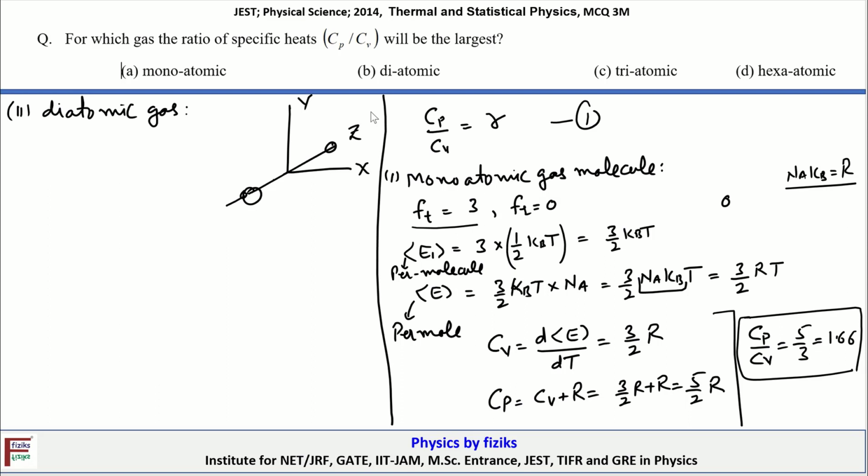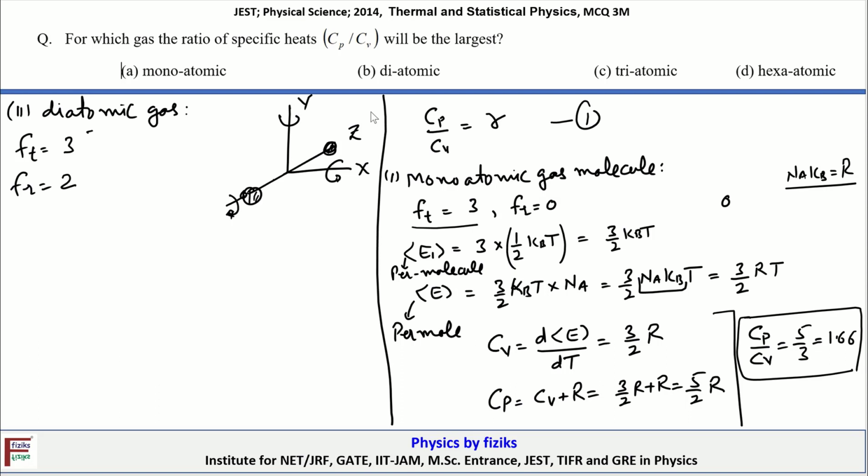Similar to the monoatomic gas molecule, the translation degrees of freedom Ft for the diatomic gas molecule is equal to 3. This diatomic gas molecule will also have rotation degrees of freedom. It can rotate along the x-axis, y-axis, as well as the z-axis. But remember that the rotation along the z-axis cannot be excited because of the large amount of energy required to excite this particular mode. Therefore the rotational degrees of freedom for this diatomic gas molecule are only 2.